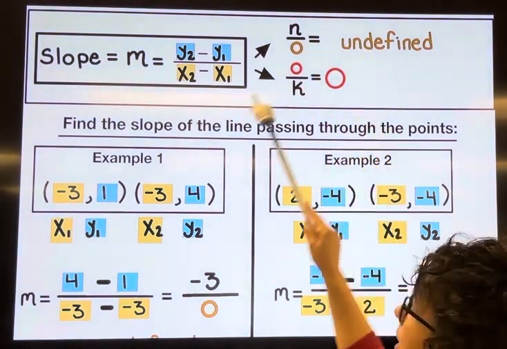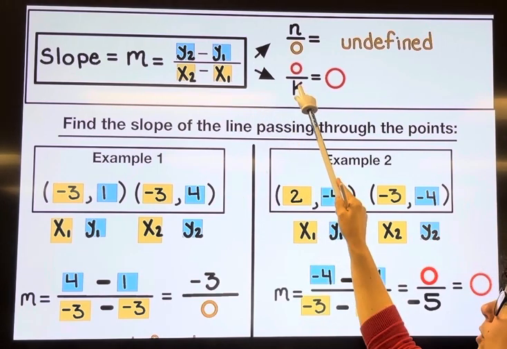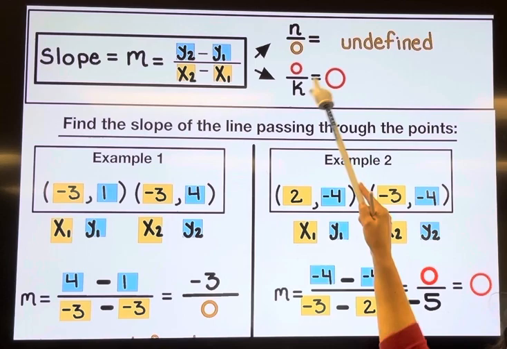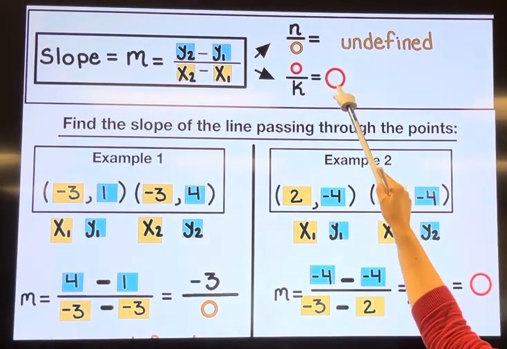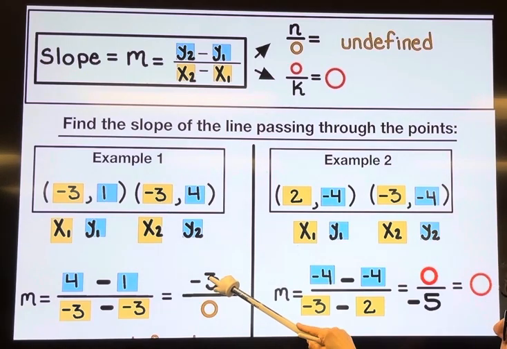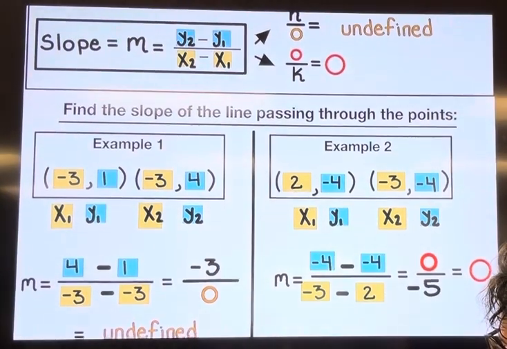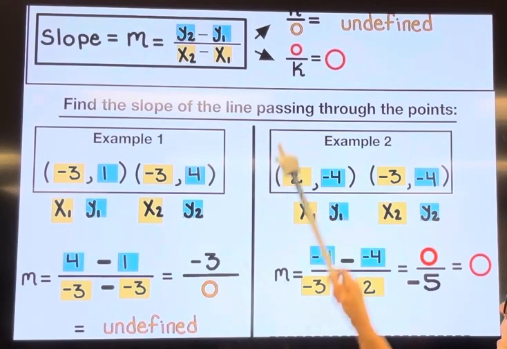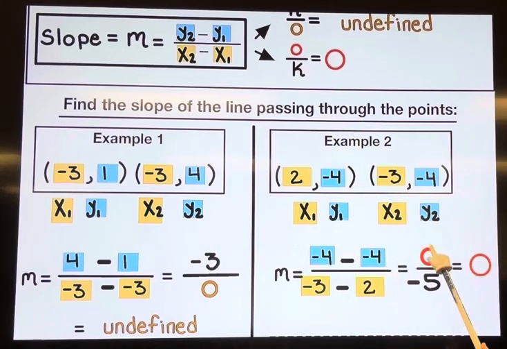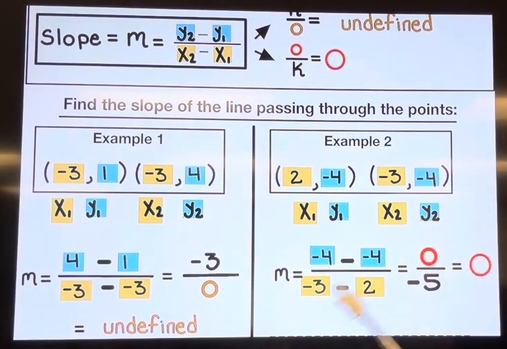That one's undefined. And then 0 over a number looks like okay. So that ends up being okay. Yes, I have a number for an answer, so it equals 0. So just looking at that one, a number over 0 ends up being undefined. And then 0 over a number, okay, equals 0.